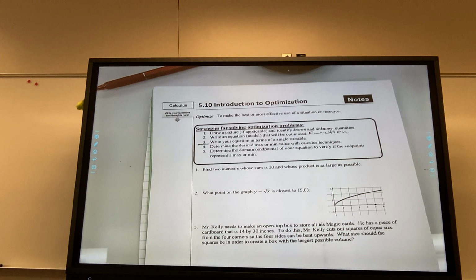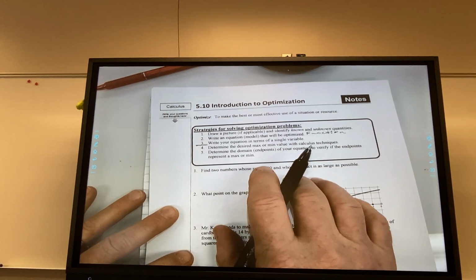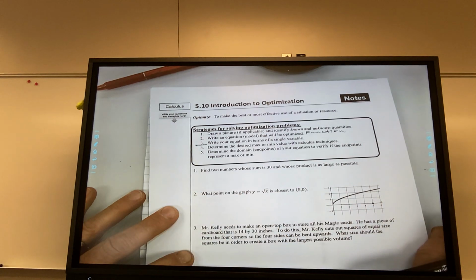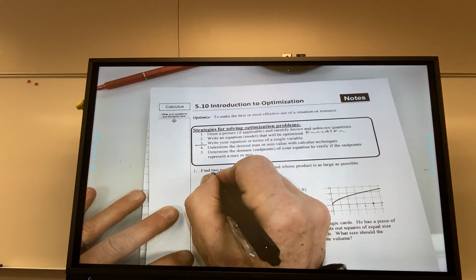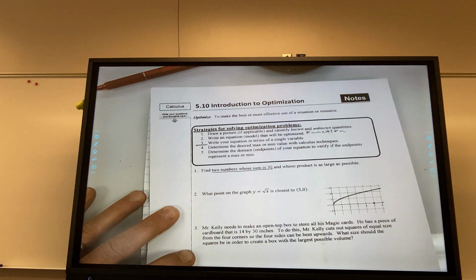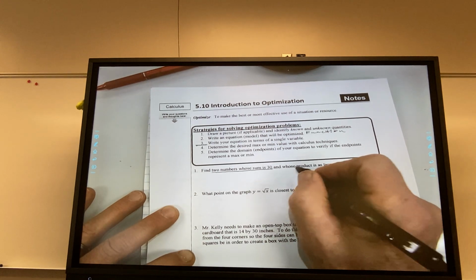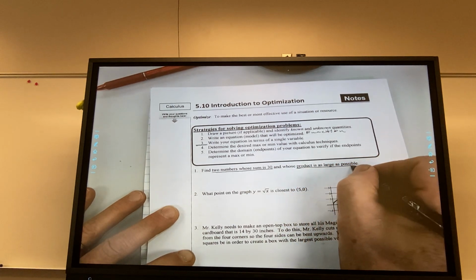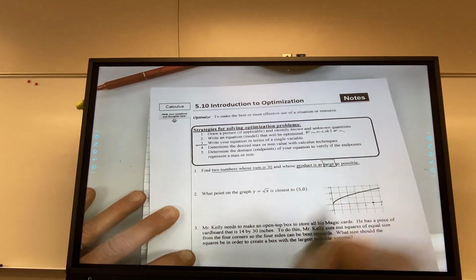So, the first problem I have here, there will be no pictures because we're just talking about two numbers. And so there are two parts here that says two numbers whose sum is 30. And then over here we have another sentence that says whose product is as large as possible. Notice right here is large.